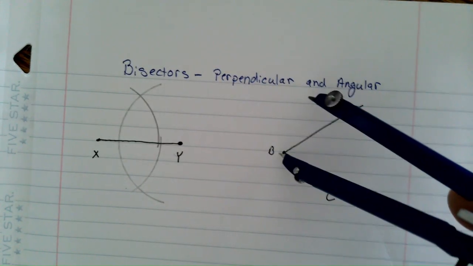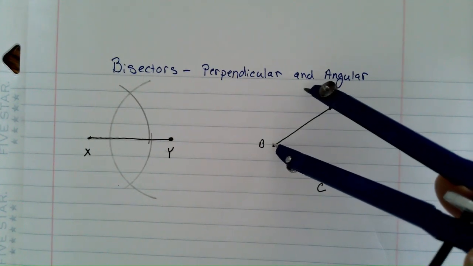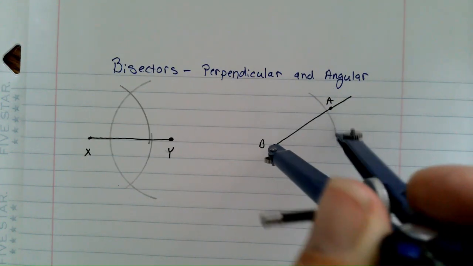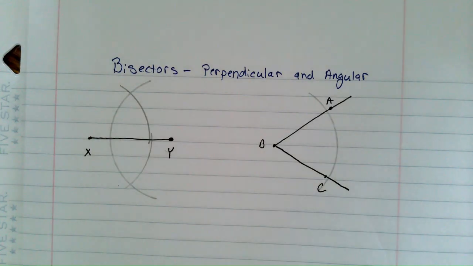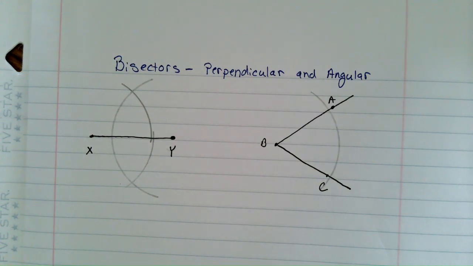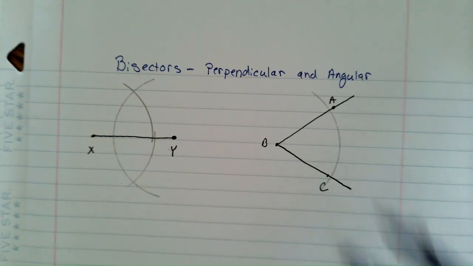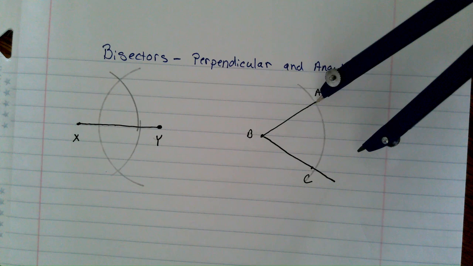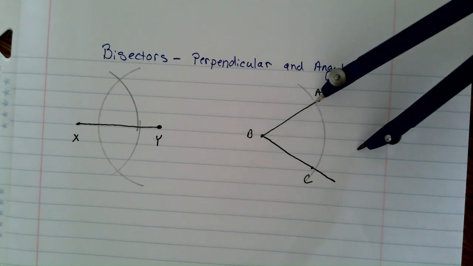And while I still have it set here, I'm going to draw a half circle here, or a quarter circle, third circle, some part of a circle. You'll notice that I eyeballed where A and C were, and they were not equal distance from B, and that's okay. Here we have two X's that mark the spot. Here I just did a half circle, so now I'm also going to come in here and do a mark.